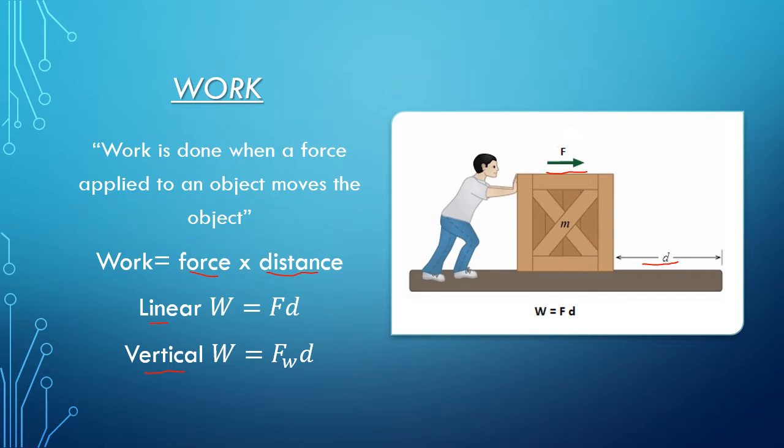For vertical, the force we're looking at is going to be the weight force, because when you pick something up vertically off the ground, what's affecting that object is gravity. That's why we're looking at the weight force here. And then you're also going to be looking at the distance. How high was that object lifted? How far?